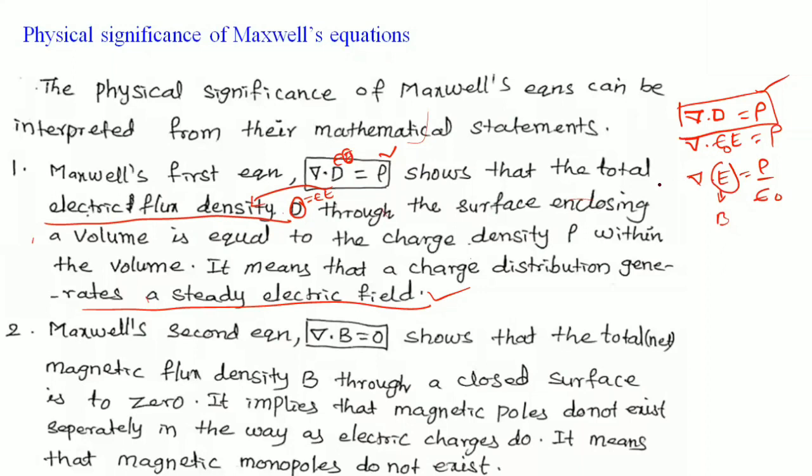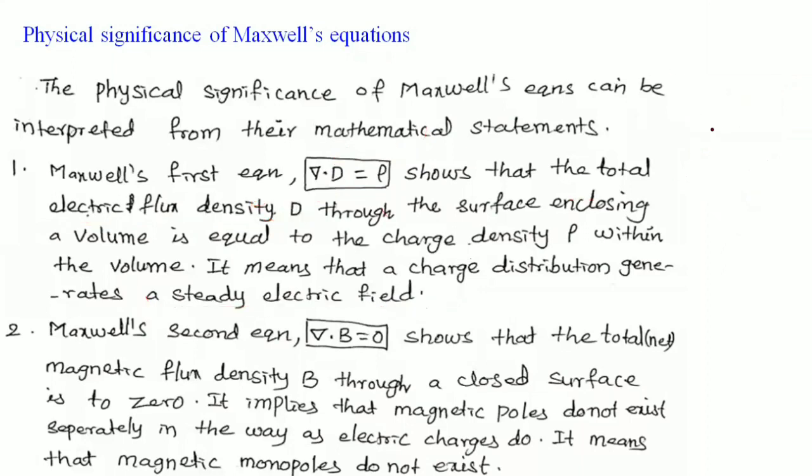Just see, del dot D is equal to rho, so del dot epsilon E is equal to rho. This is the static electric field or steady electric field. It means that a charge distribution generates a steady electric field. That's all for the first one.